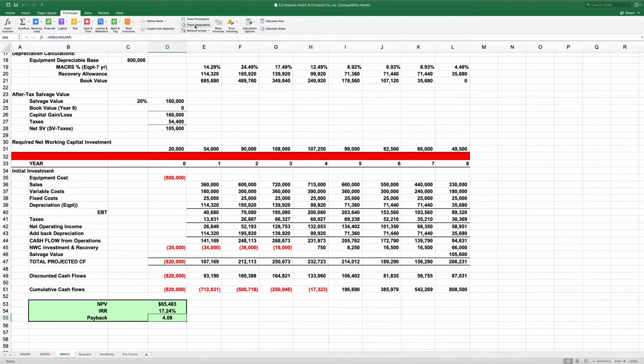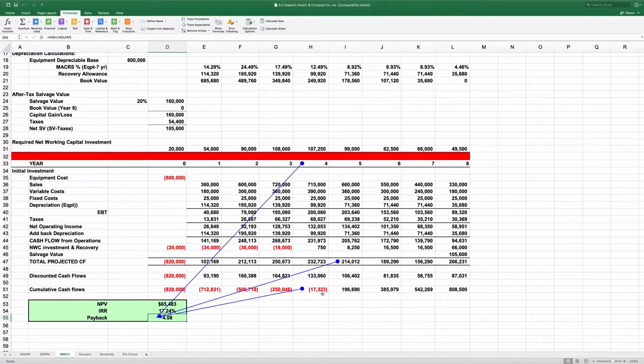The payback period here is H33. H33 is 4, year 4 plus a fraction. You are using year 4, but you're looking at the cumulative cash flow here. At the end of year 4, you still have $17,323 not recovered yet.